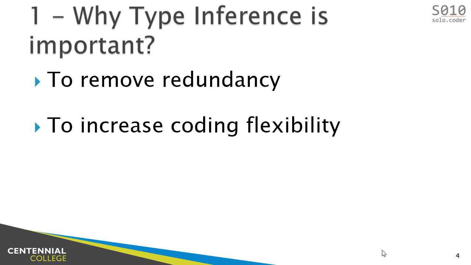Before that, we had to explicitly type like Int32 or double and everything. Now we can use var, but we have to assign right away when we declare the variable. The point is to remove redundancy and add code flexibility. We don't need to think whether we need to give double or int, we just create it.